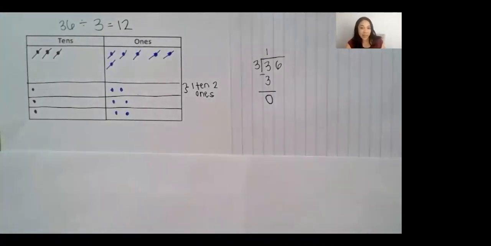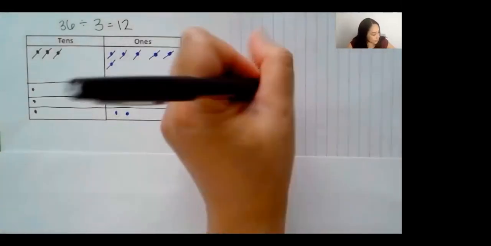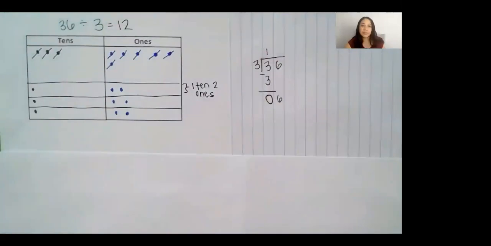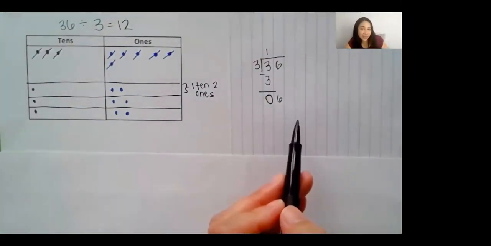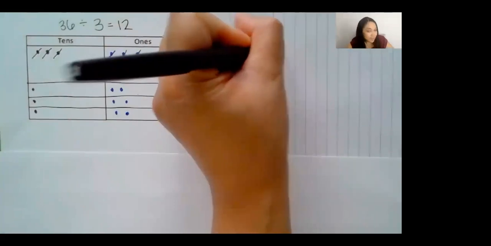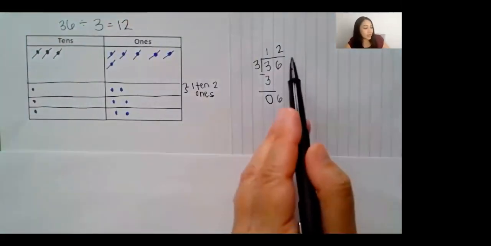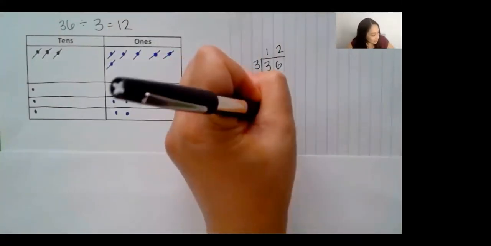What of our whole amount remains to be divided? 6 ones. 6 ones divided by 3 is 2 ones. 2 ones times 3 equals 6 ones.